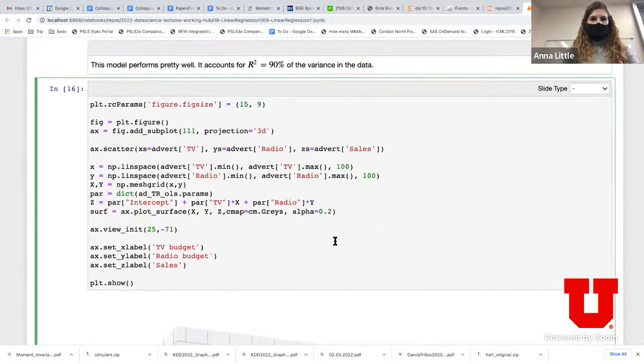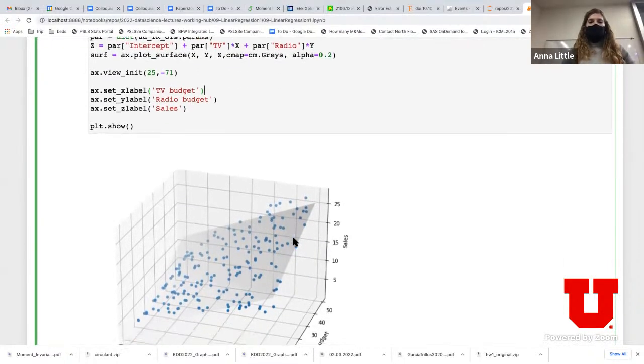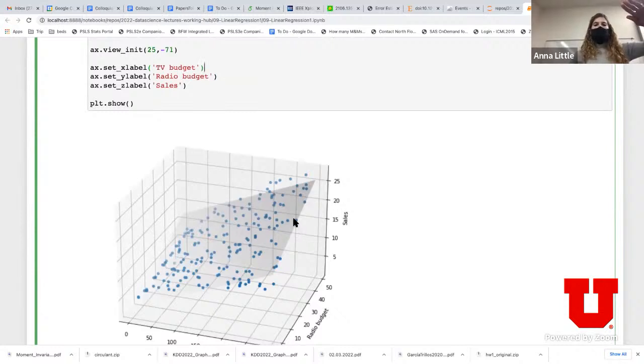And this here, I'll let you look through this probably after class if you want to parse the code, but it's just making a surface plot of the data. So now what do we have? We have a response variable y, which is the height of this surface.